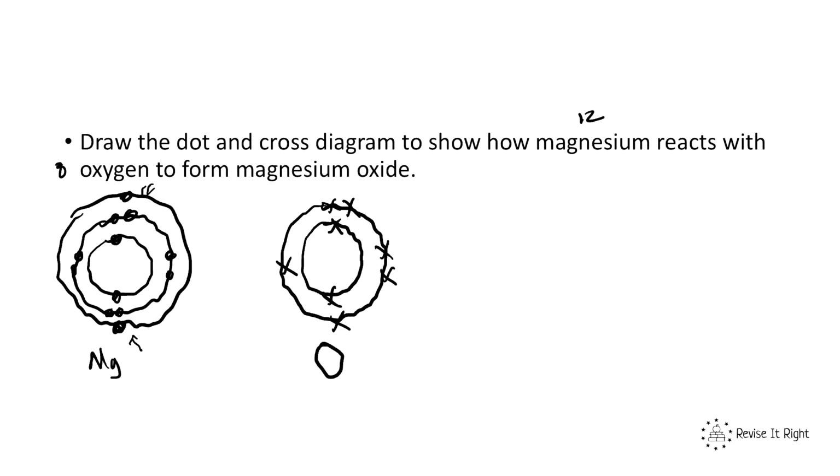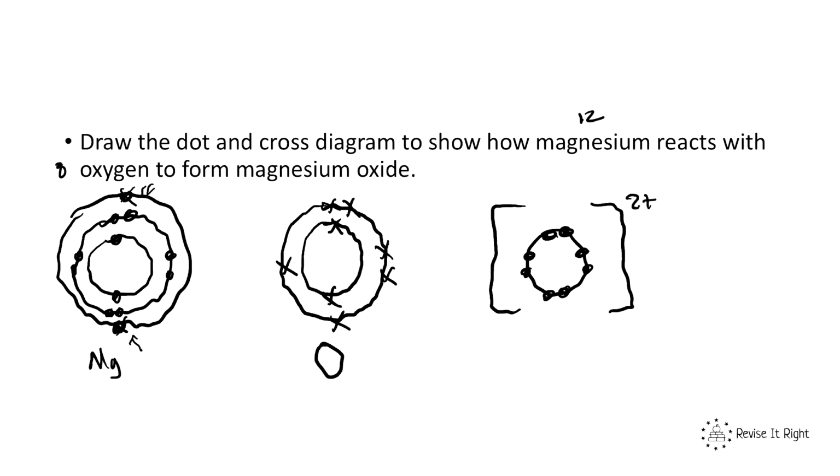So first we're going to draw magnesium as an ion. So we're just going to draw its outer shell. So it's lost these 2, so therefore the next outer shell is going to have 8, 7 and 8. Because it's lost 2 electrons, it's now got a 2 plus charge.